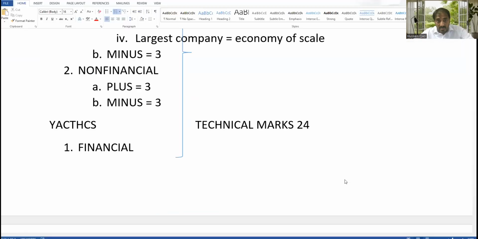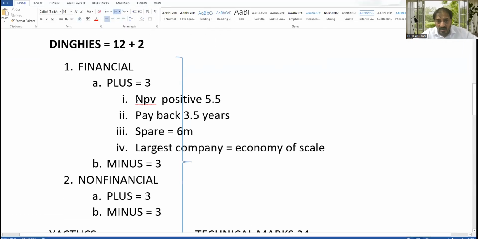Then what points have you covered till now? NPV, payback, spare cash. These points you have covered accordingly.